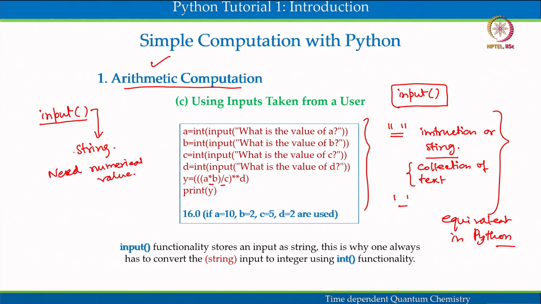So the string has to be converted to a numerical value before we perform any arithmetic computation. A numerical value can be an integer, for which I'll use int, or I can use float for a floating point value. So these are the ways I can convert to numerical values.